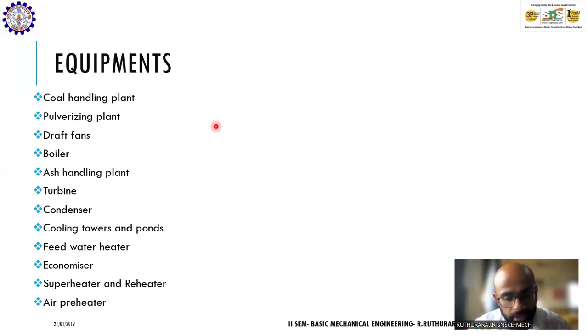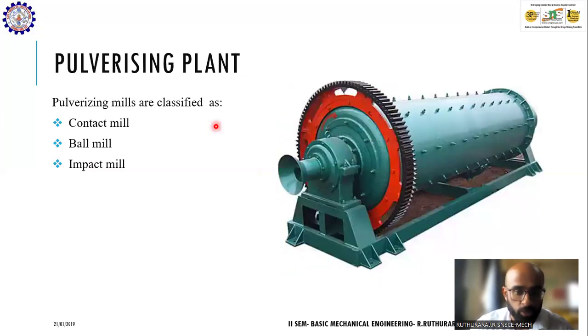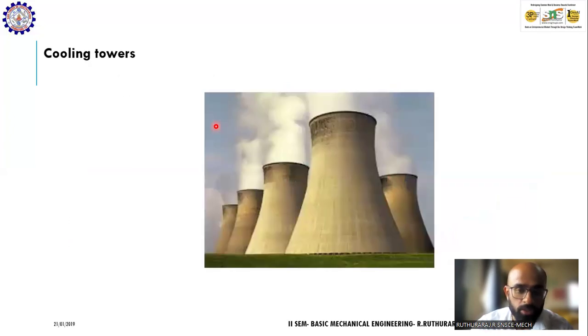So other than that, different parts are mentioned here. Coal handling plant: if you had the opportunity to visit the Neyveli region, you would have seen these large coal handling plants. They would dig the coal from the soil and it would be transported to the boiler. Pulverizing plant, as I said, is used to powder the coal.